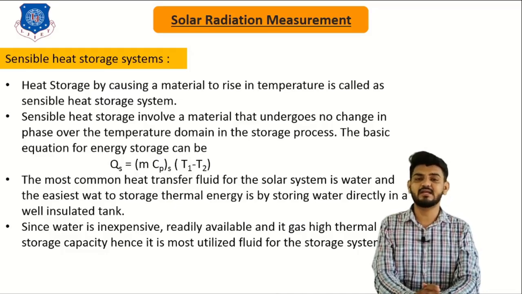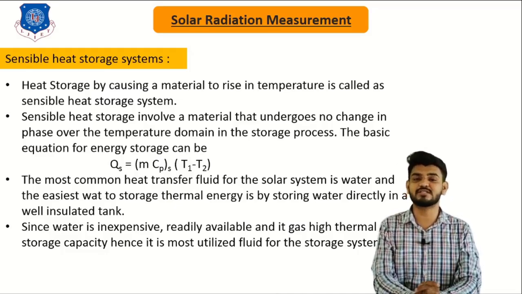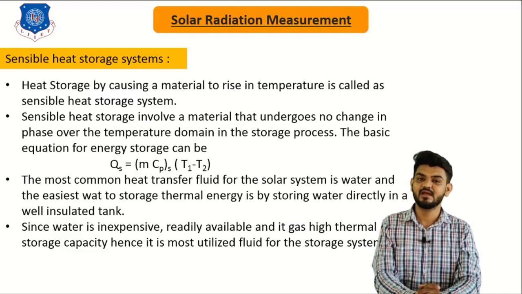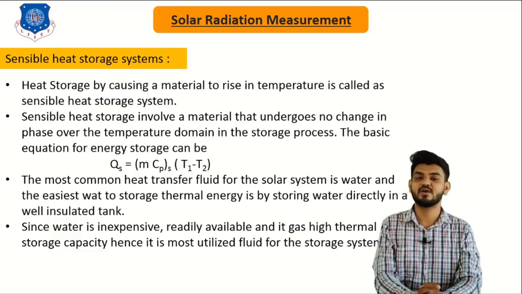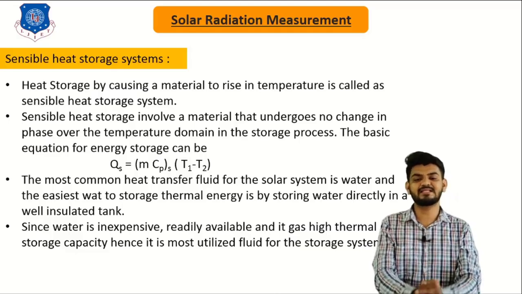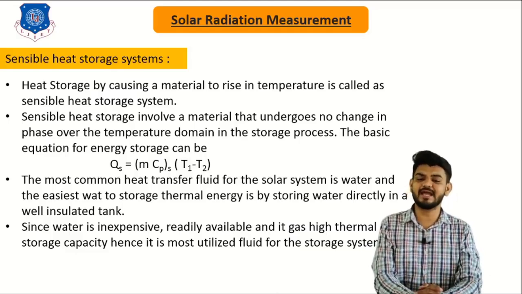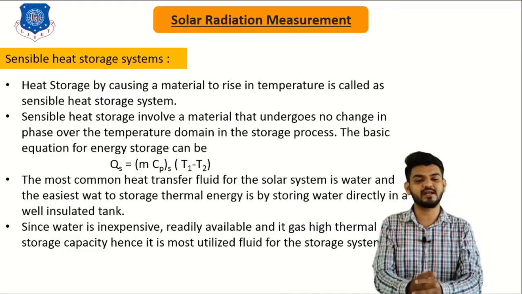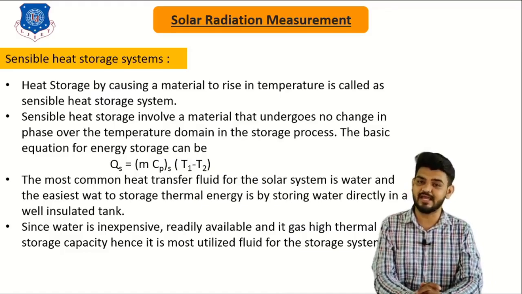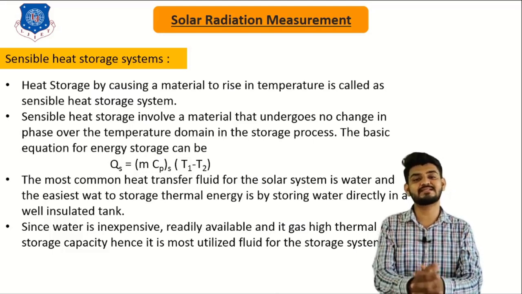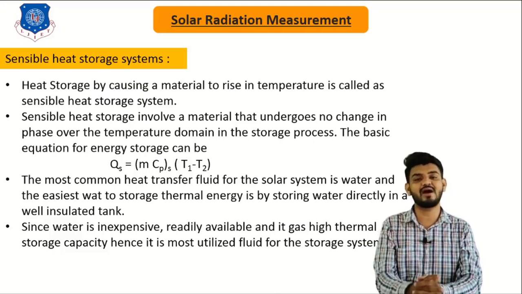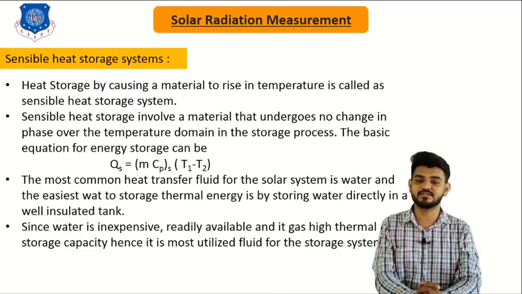Majorly, water is used as the working fluid for such applications. The most common heat transfer fluid for solar systems is water. And the easiest way to store thermal energy is by storing water directly in a well-insulated tank. So what we do is provide an insulated tank inside which we store this hot or warm water for its further use.